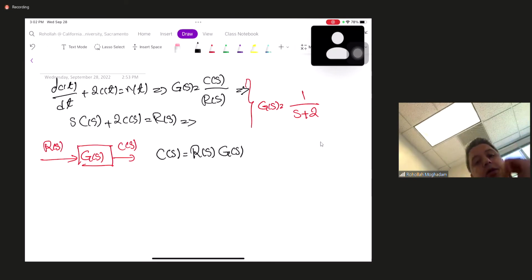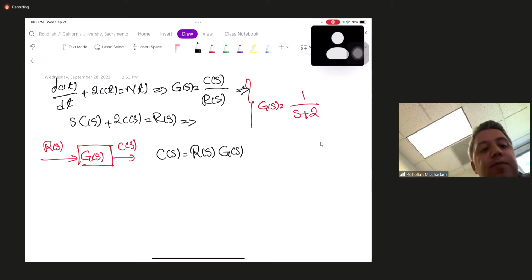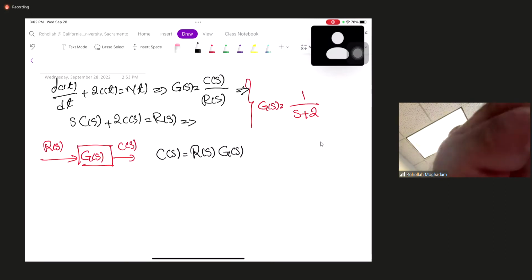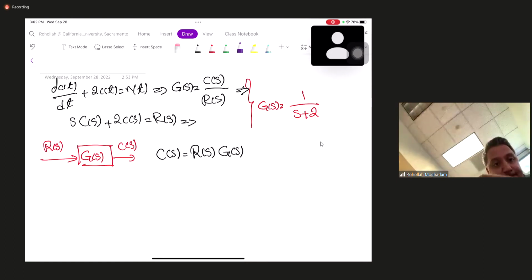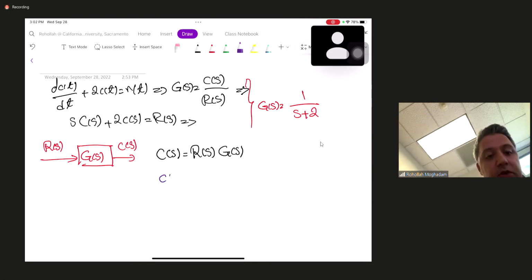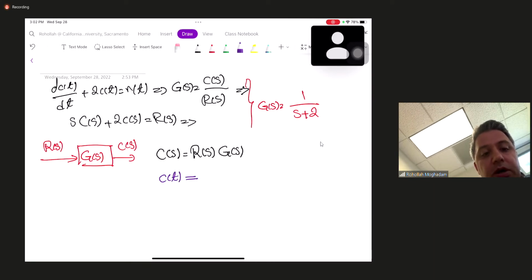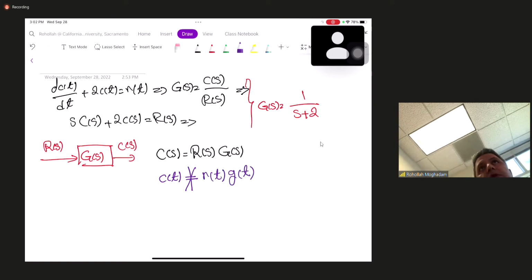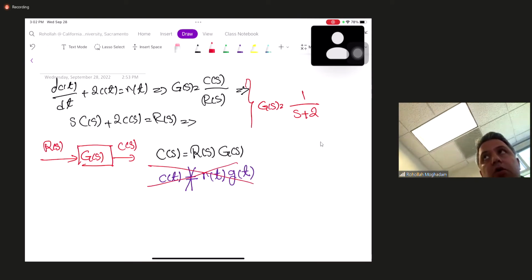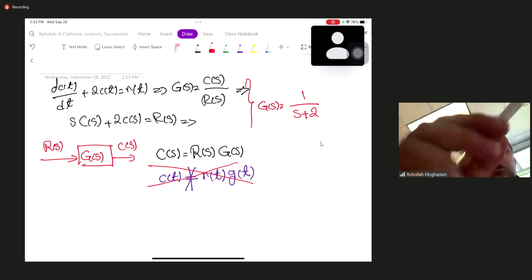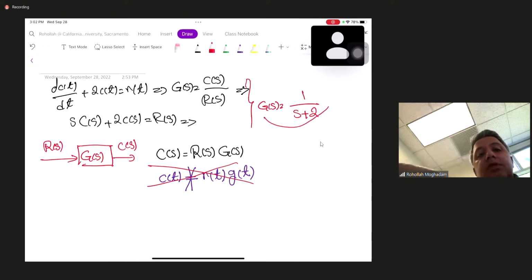So the Laplace transform of the output is the multiplication of the Laplace transform of the input times G(s), the transfer function. Now, never do this. c(t) is not equal to the multiplication of these two. That equality will never hold. It doesn't mean that since you have the transfer function, you can take the inverse Laplace of the transfer function and then multiply it by the input.